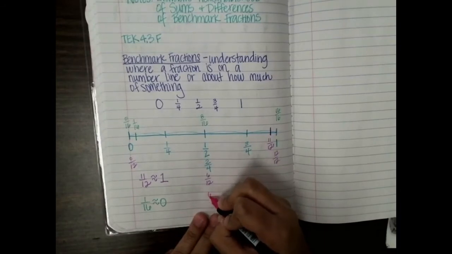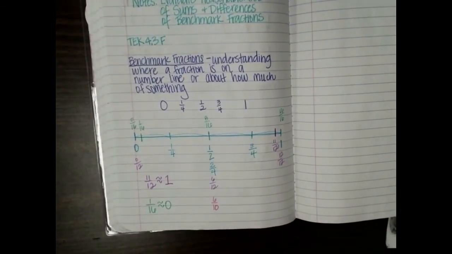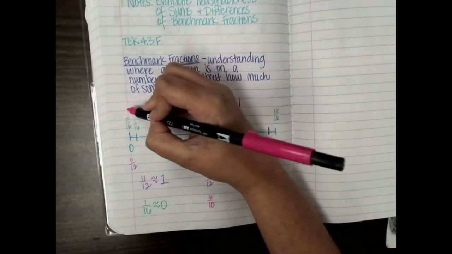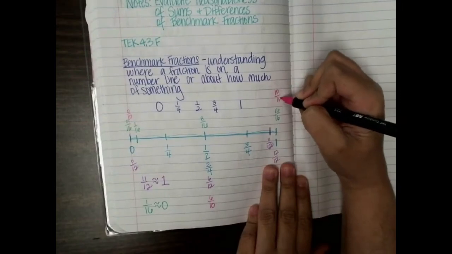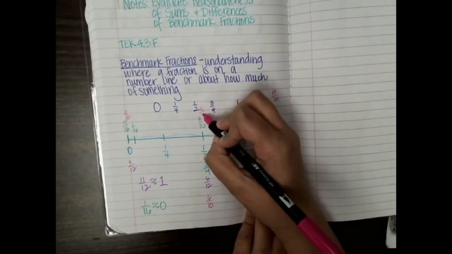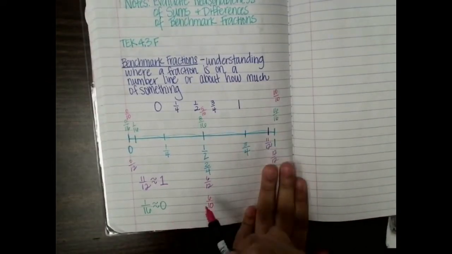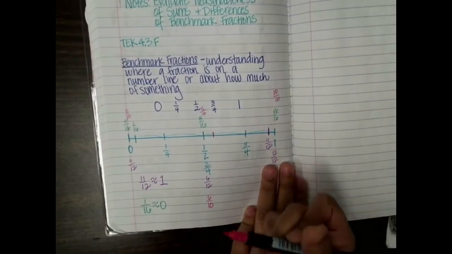How about 6/10? I know that this is 0/10. I know this is 10/10. And I know the halfway point is 5/10. So 6/10 has to be somewhere around there.